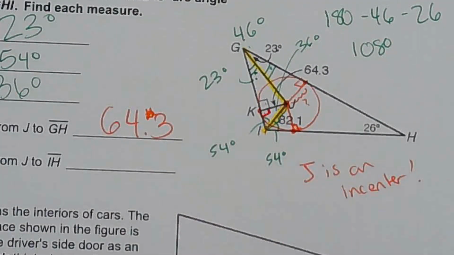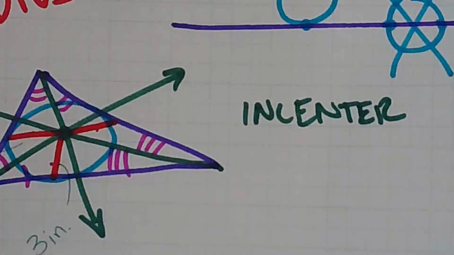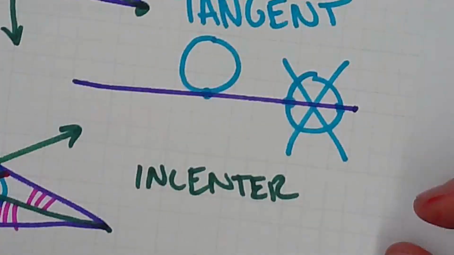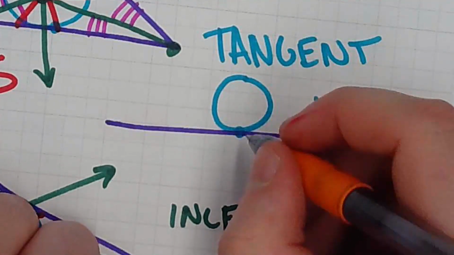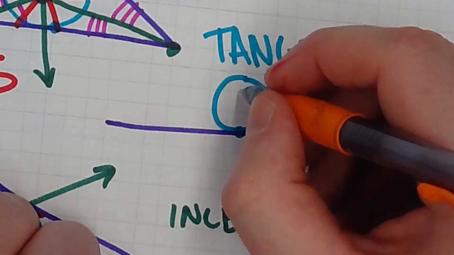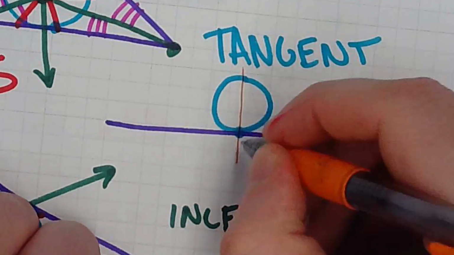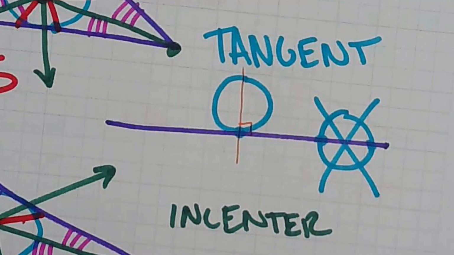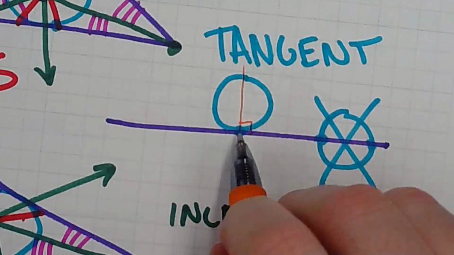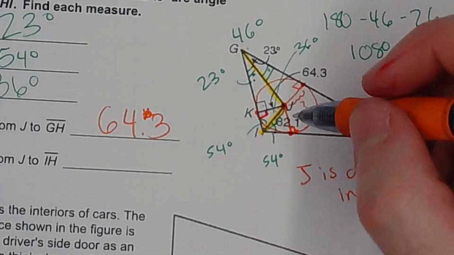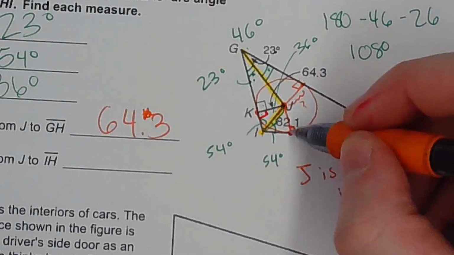So when I drew this thing earlier, this circle is tangent to this line. Turns out that the intersection between those two is at a 90 degree. And that's always true. It's going to be a straight line down. That's where that point is. So from here to here is 90, and that's where it hits. So this is a radius as well.